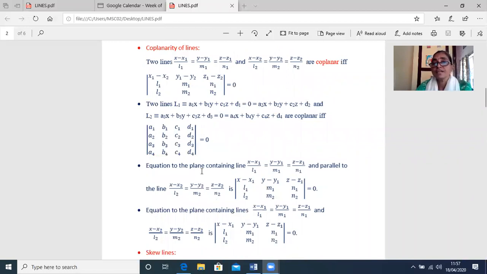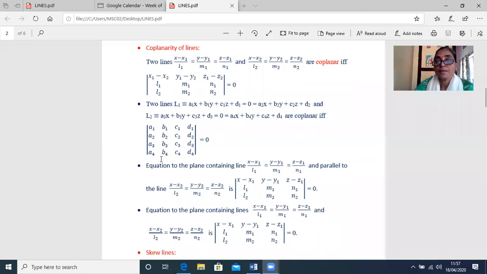Suppose you have the lines in unsymmetrical form. See, in this formula, both the lines are in symmetric form, and to check whether they are coplanar, we wrote this condition and we need to check whether the determinant is 0. Now, if the lines are in unsymmetrical form, how to check whether they are coplanar? For that, this formula will help you.